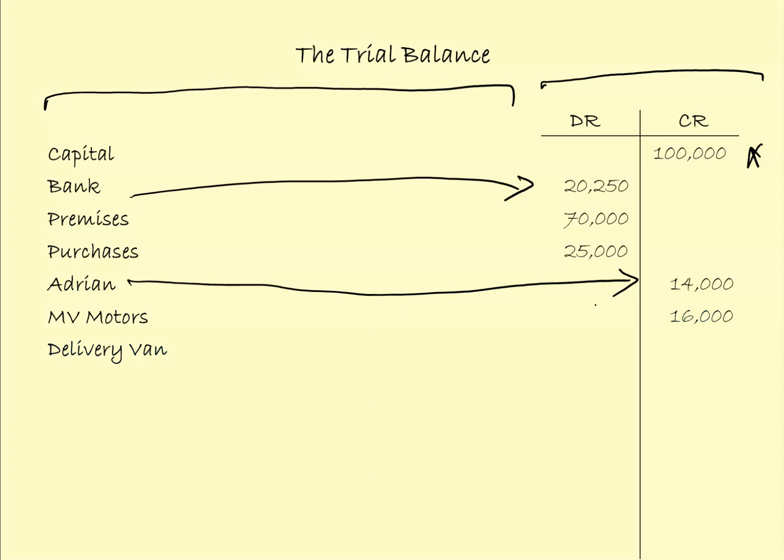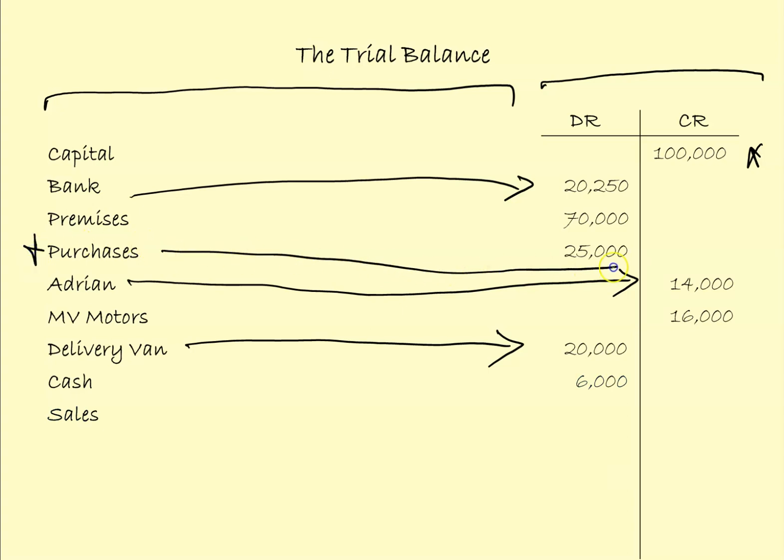Delivery van is an asset, so if you look back at the delivery van account, you see it is on the debit side, 20,000. Cash, that's the 6,000 on the debit side. Sales, well, we said here, purchases are always on the debit side.